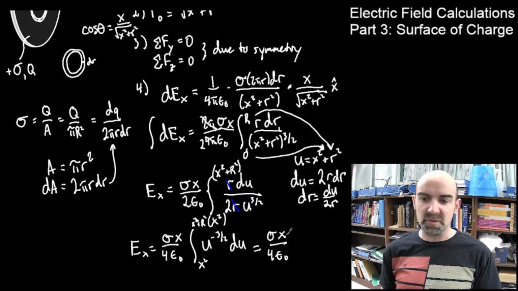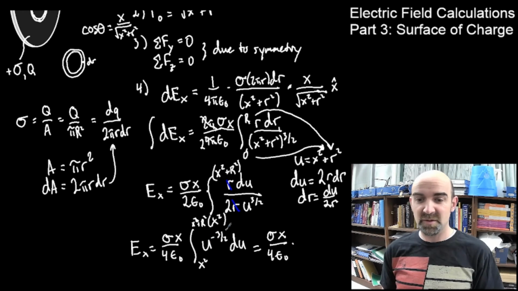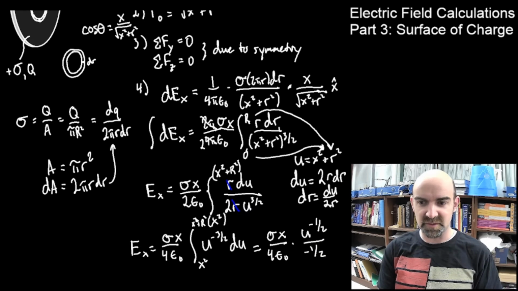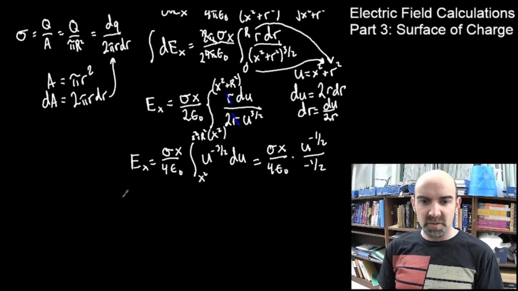And the integral of u to the negative 3/2, we're going to add 1 to that power, which would give us u to the negative 1/2 divided by negative 1/2. All right, looks a little funky there, but it's pretty easy integral. Get down and continue on.